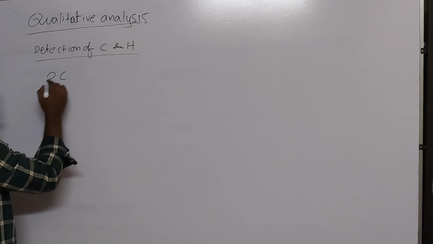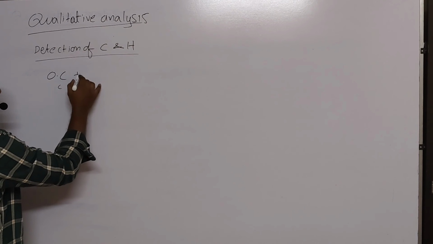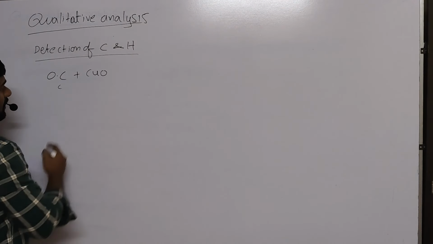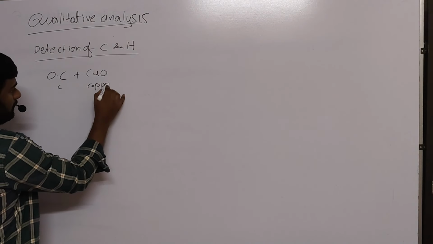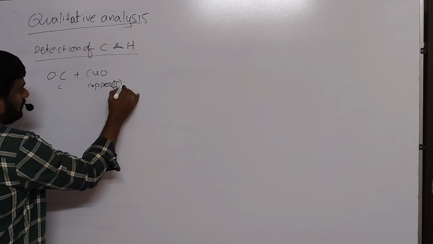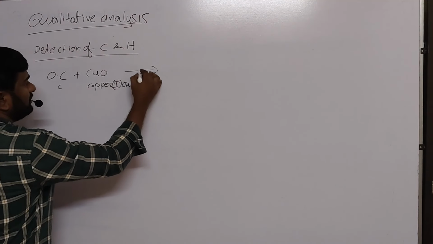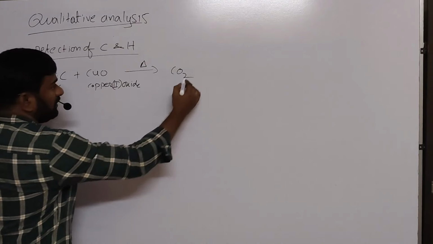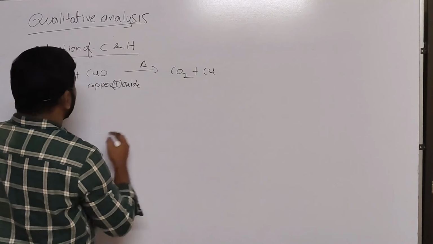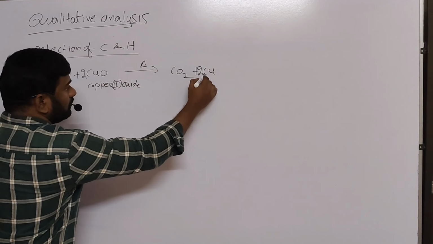If an organic compound containing carbon is heated with CuO, also called copper(II) oxide or cupric oxide, it gives the gas CO2 and Cu. If you balance this, 2CuO gives 2Cu.